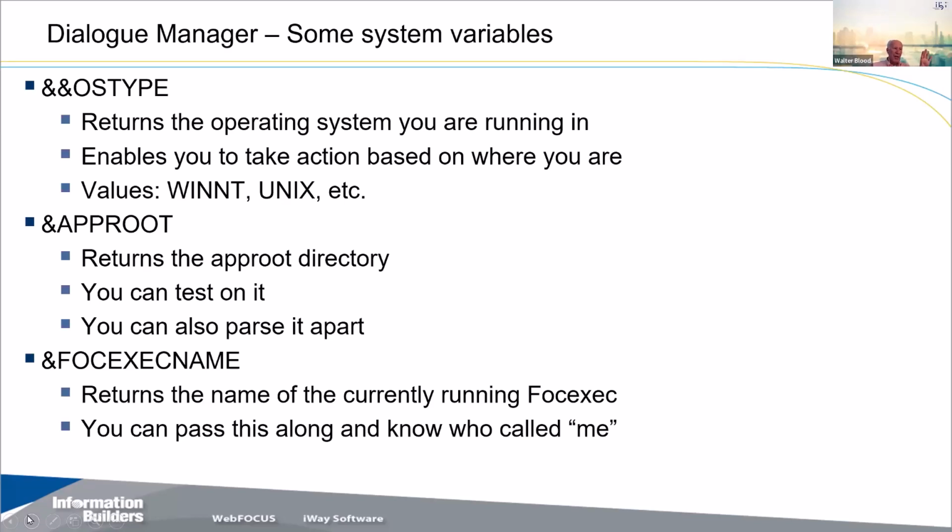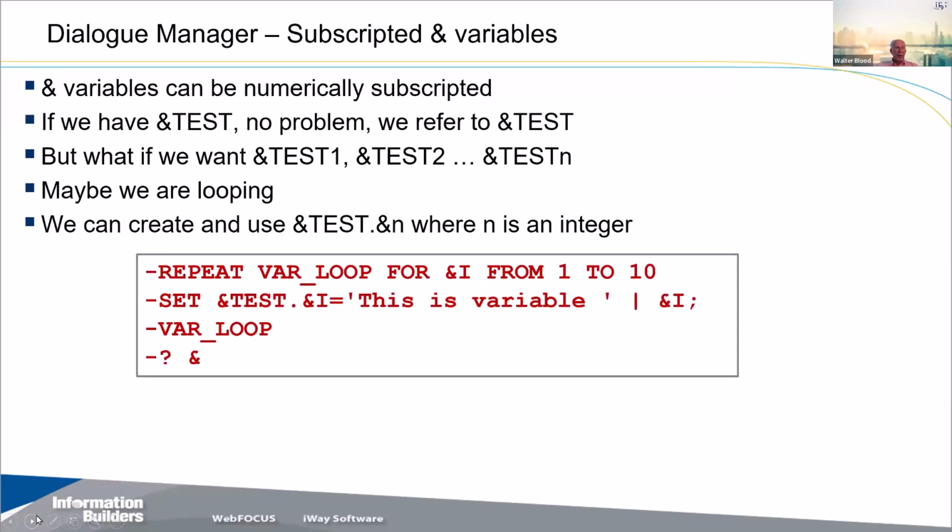So these kinds of variables, and there are other system variables. If you're interested in them, if you're building stuff that does require this sort of thing, take a look in the Dialog Manager documentation. It is generally in Developing Applications, and there's a good deal of information in the variables chapter.